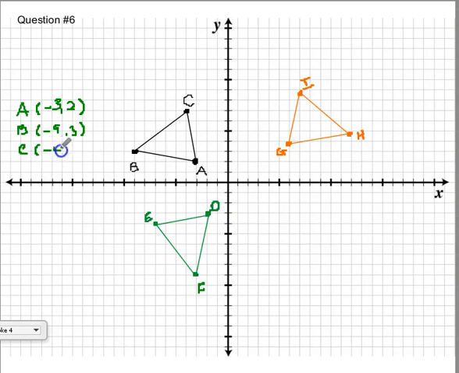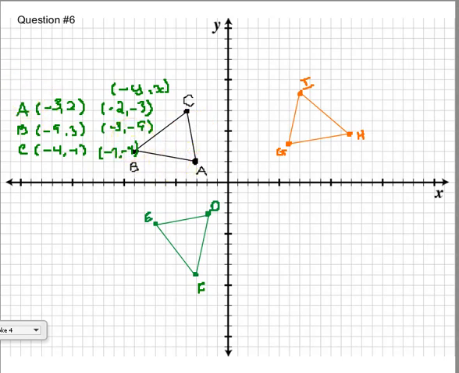So when I do a 90-degree rotation counterclockwise, that's going to have the rule of -y and x. When I apply that rule, what I get here is -2, -3, then -3, -9, and then -7, -4.